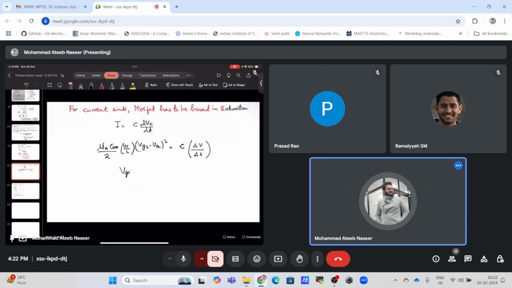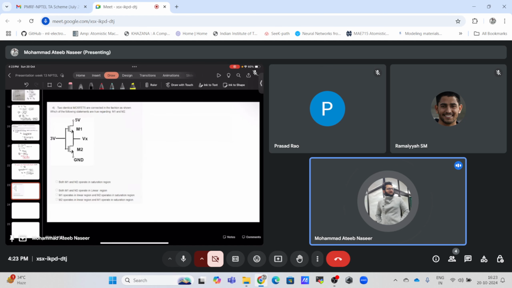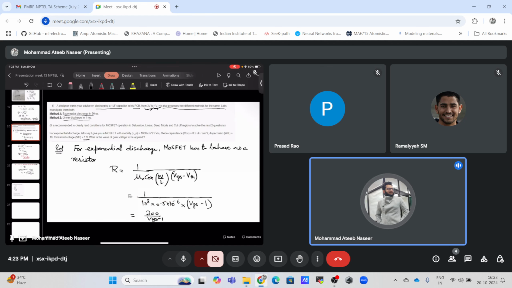So VGS is VTH plus the square root of 2 times C delta V divided by mu n C ox W over L into delta T. It is simply coming out to be equal to VTH. VTH I guess was 1 volt for this. Yes, it is 1 volt.